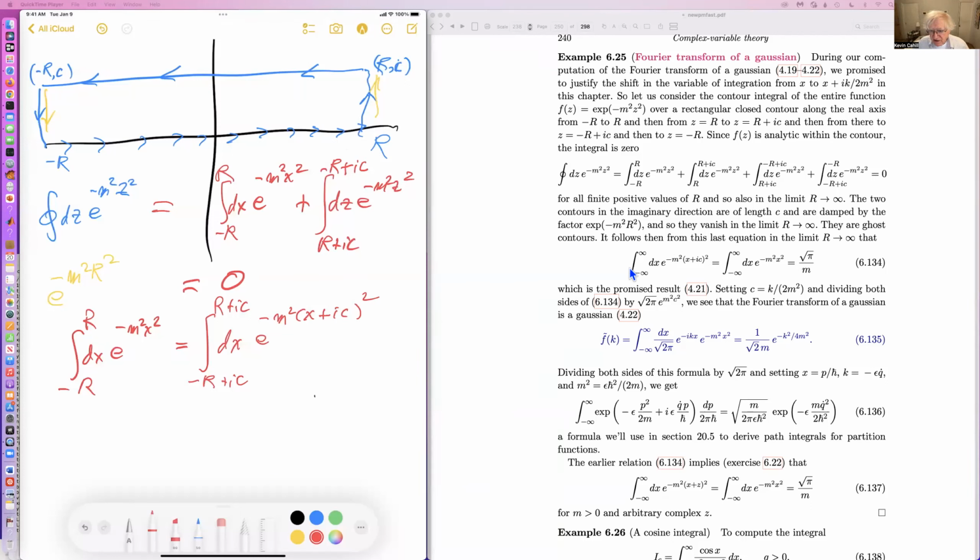So that's in fact what I have here. And that then is equal to this integral, which of course is just a Gaussian integral. And that integral is a standard integral. In other words, this is just equal to the square root of pi over m.